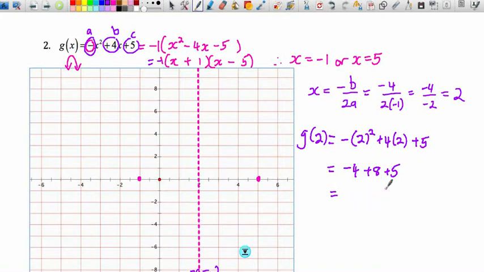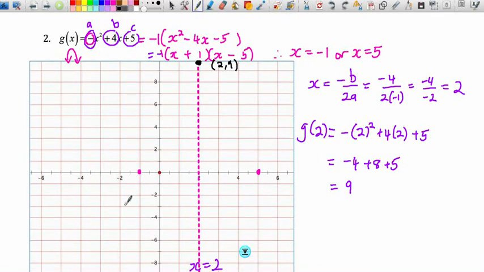That gives me 9, and so my vertex or my turning point is at 2, 9, which only just fits onto our graph. So I'm going to have to squeeze in my label over there. That is the point 2, 9. My parabola is of course going to open down.